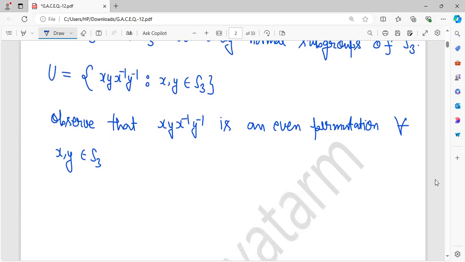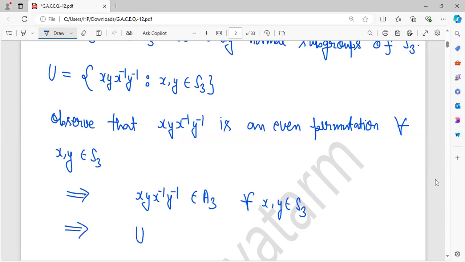So it is always an even permutation, and it will be contained in A3, because A3 is the subgroup of S3 containing all the even permutations. So this implies U is contained in A3.